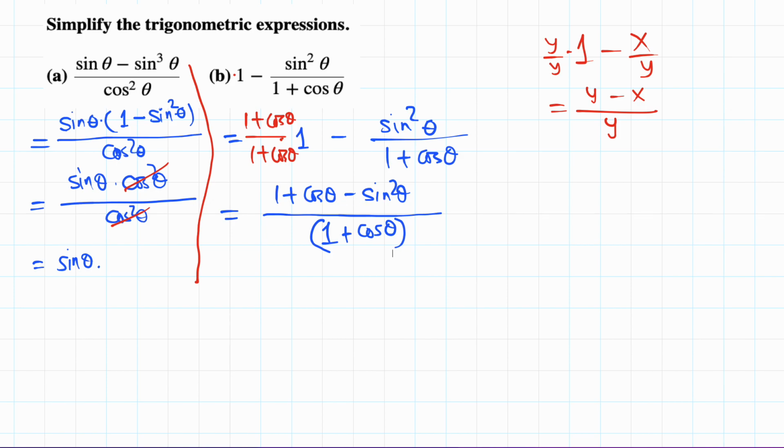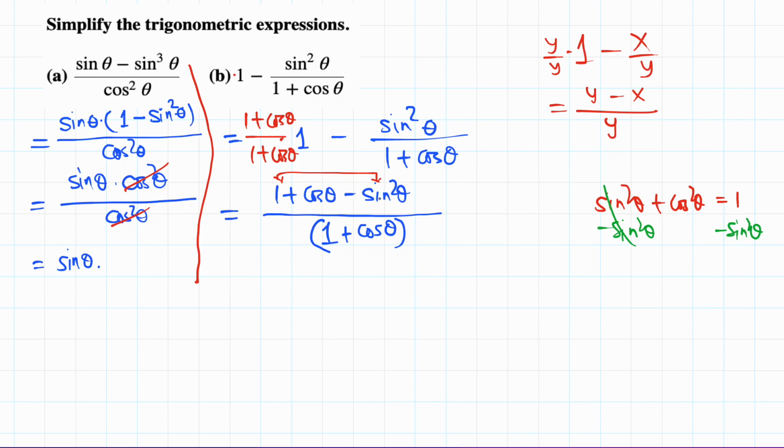On the top, 1 plus cosine minus sine squared. If I just look at these two only, 1 minus sine squared, look at the previous one. When we have sine squared plus cosine squared, that's 1. If we subtract sine squared from both sides, or we could have subtracted cosine squared had we needed, but that's not here, then 1 minus sine squared is cosine squared.